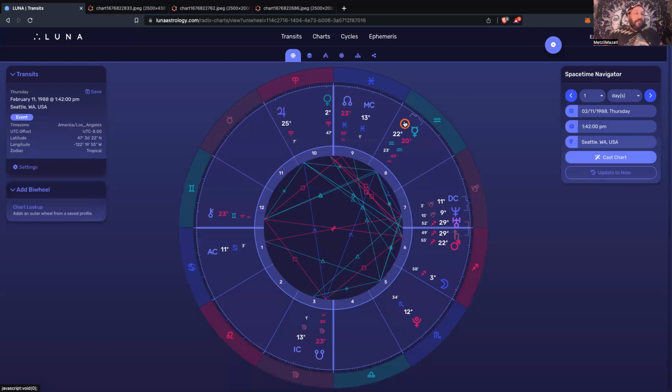Let's see. So we're going to look over here at this moon placement and everything in this house. So moon 3 degrees Sagittarius. Okay, so this moon is bound to Jupiter in Aries.